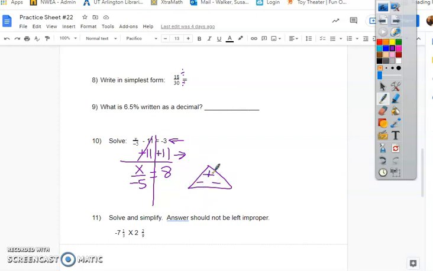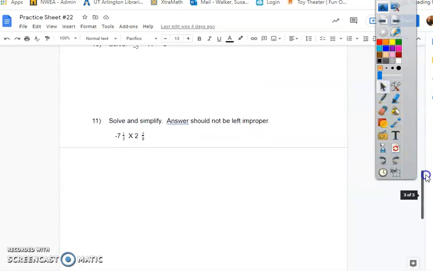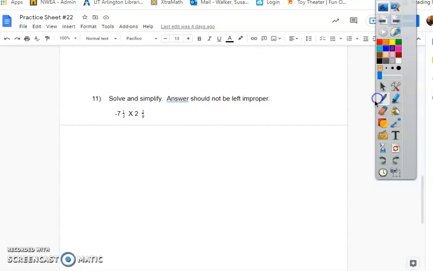Okay, last problem is number 11. When we multiply, please do not multiply straight across. Instead, remember we do Texas. Now, even before you do that, you might want to go on and do triangle because this is a multiply problem.